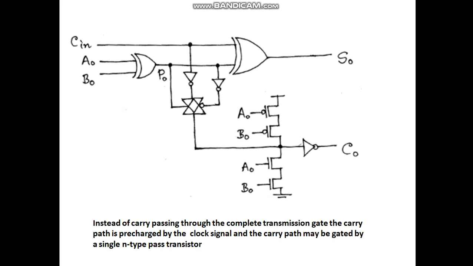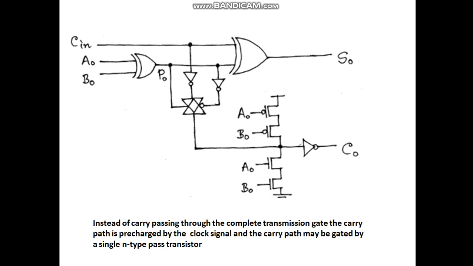As we are using it both at the input end and the output end, the effect gets nullified. Okay, so here we are using a transmission gate. So when P0 is 1, the transmission gate gets enabled and Cin will be made available at C0.